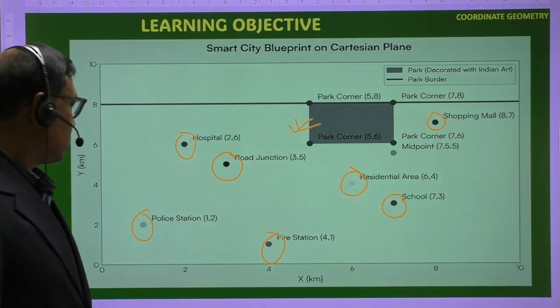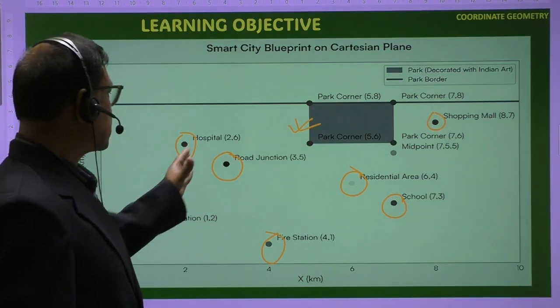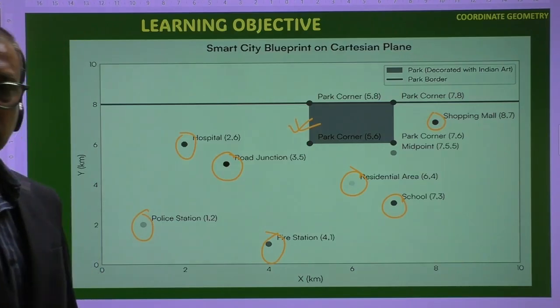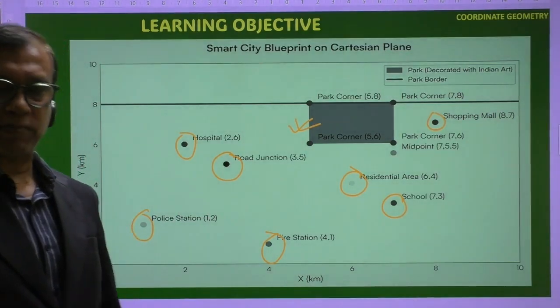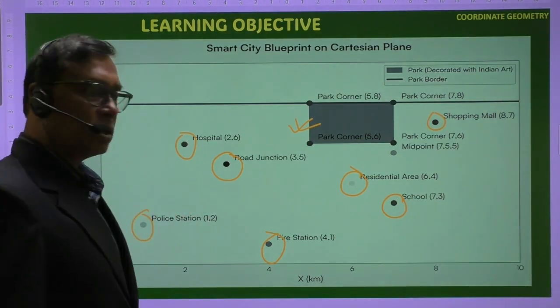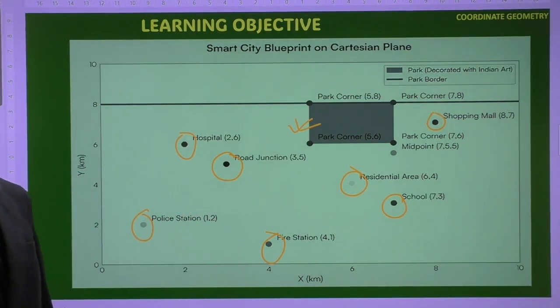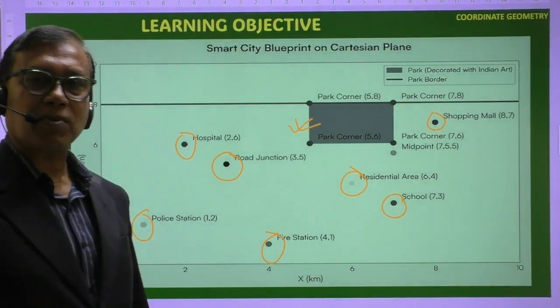Now, if we want to know the distance between this police station and hospital without measuring tape, if we want to know the distance, how can you find? Then we need the concept of coordinate geometry.